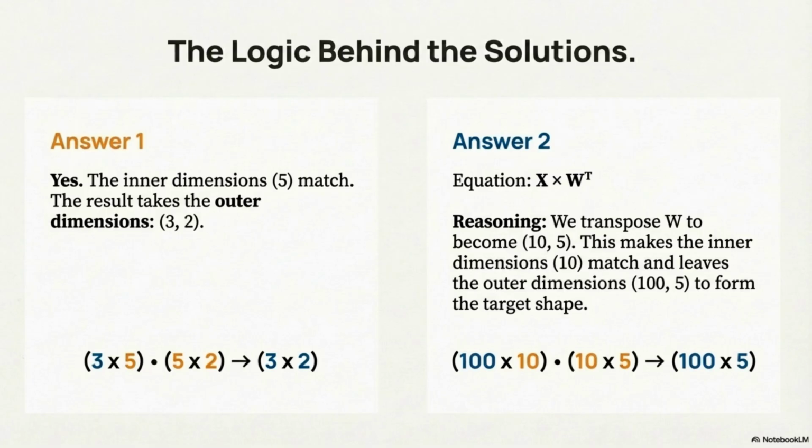W has shape 5 by 10, which does not line up with X in that order. By transposing W, we turn it into a matrix with 10 rows and 5 columns. Now the inner dimensions, the two tens, match, and X times W transpose has the desired shape of 100 by 5. This is exactly the kind of reasoning you will use when wiring together layers in a neural network.